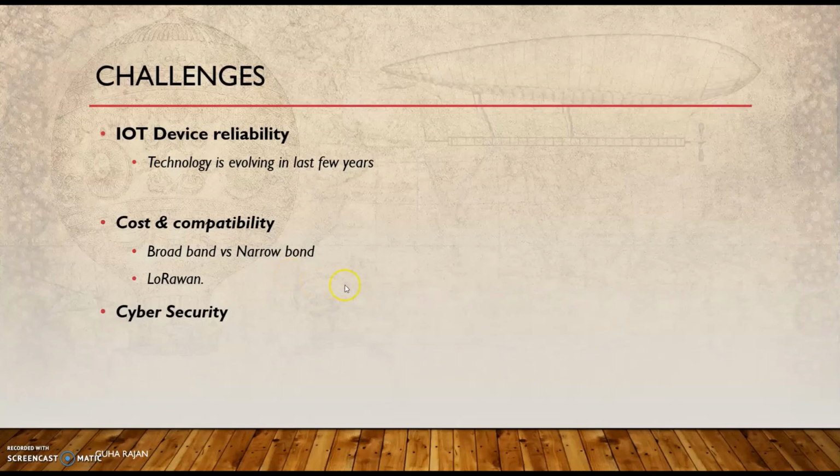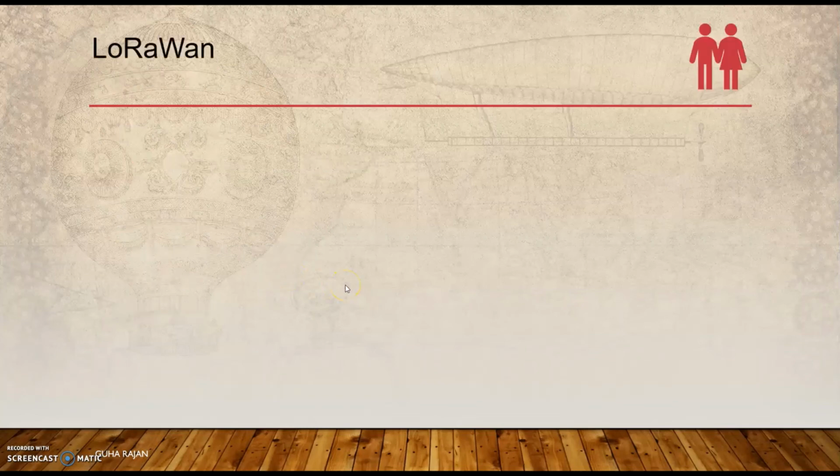As far as broadband and narrowband, LoRa is a low power wide area network standard. That is what LoRaWAN is. The reason is low power: computers, comparatively, need better power capabilities.